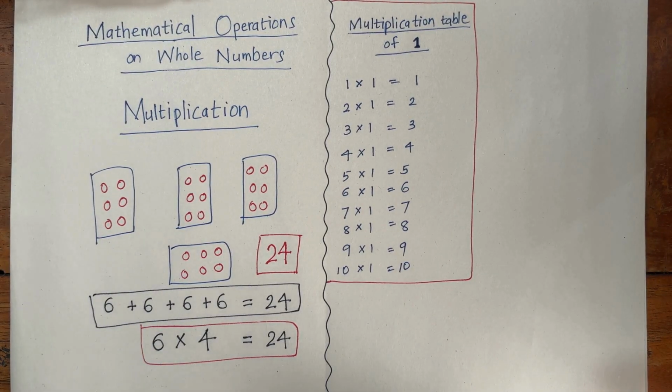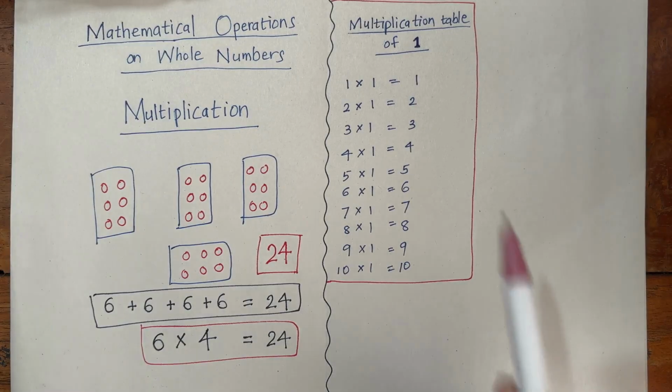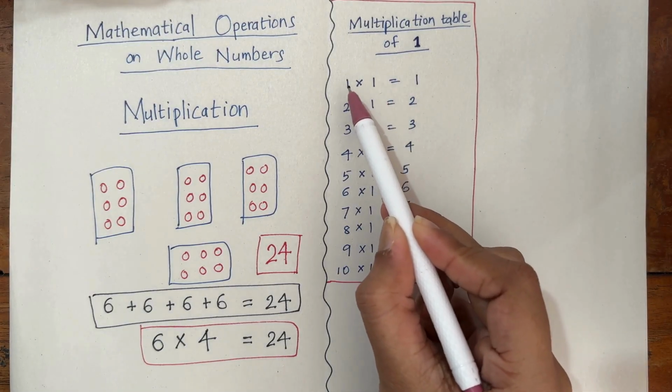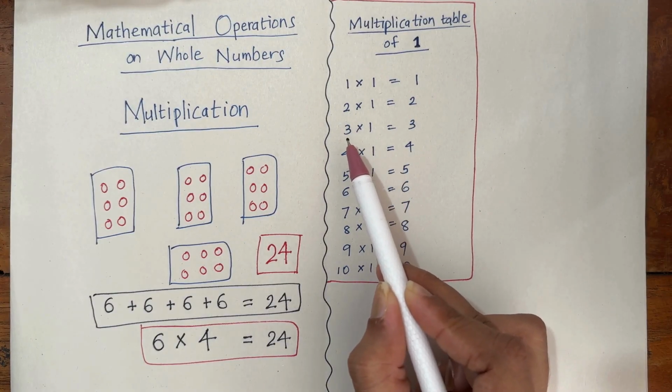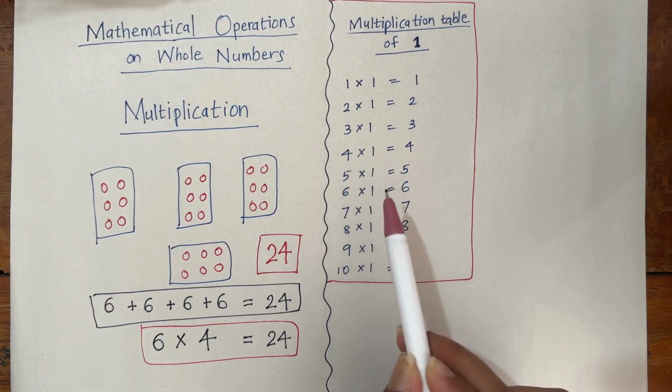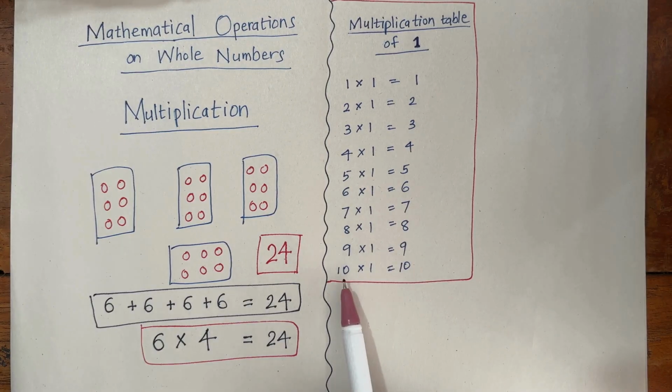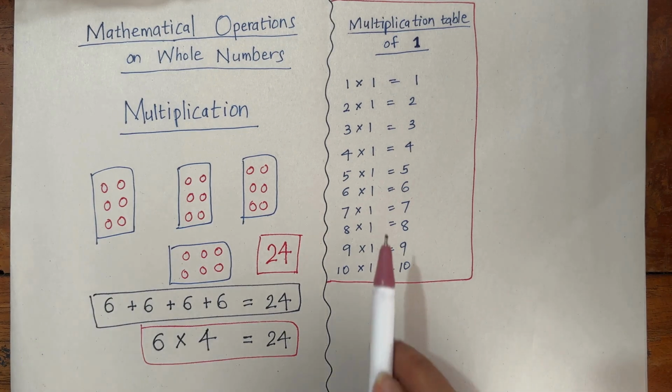Here you can see 1 times 1, 1 times 2, 1 times 3, 1 times 4, likewise up to 1 times 10. So always you have to remember up to 10. In any multiplication table, you have to remember up to 10.